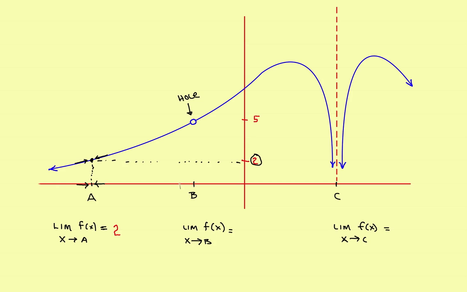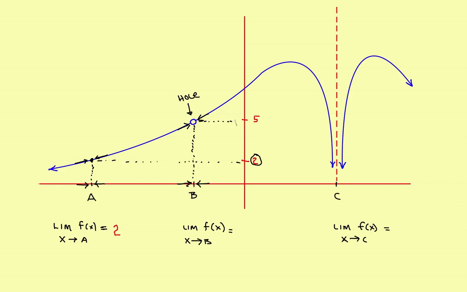So as x approaches b from the left and from the right, the question is, what is the function approaching? Go straight up from that point until you hit the function, then put your fingers on the function and approach it from the left and from the right, and ask what single fixed number your two fingers are approaching.